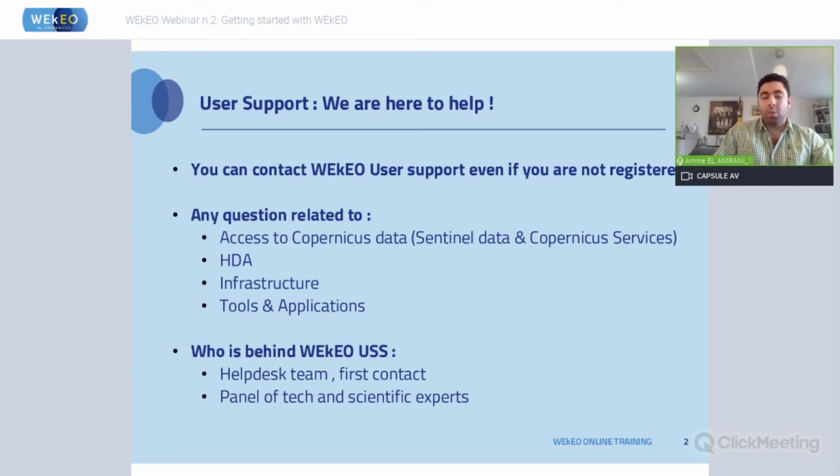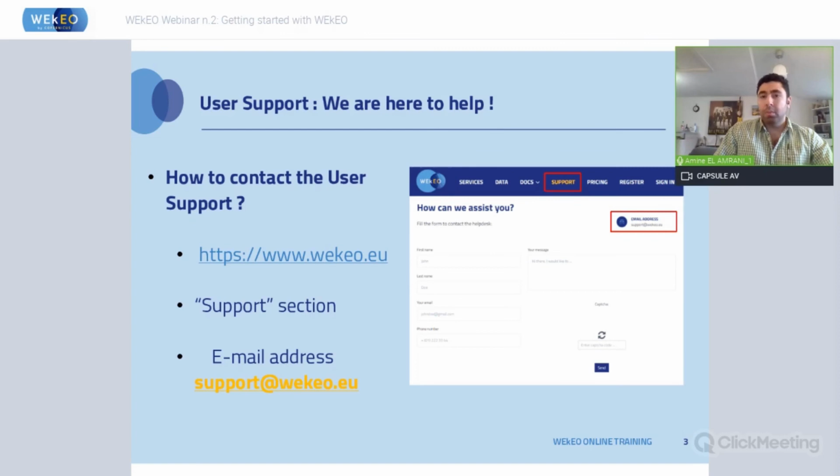And so really do not hesitate to contact us, because we have this very specific thing about the WEkEO DIAS, which is this broad set of experts. We can reach out to any expert on the field very quickly, very efficiently, using this ticket management tool. And we can respond to any question, even if it's very technical, even if it's very complex.